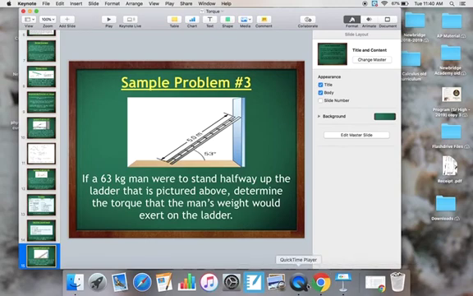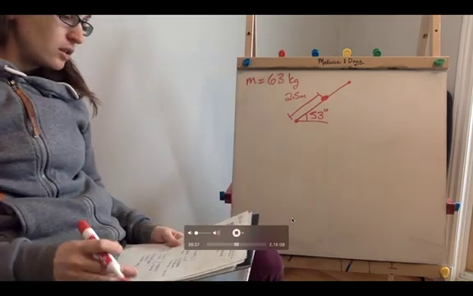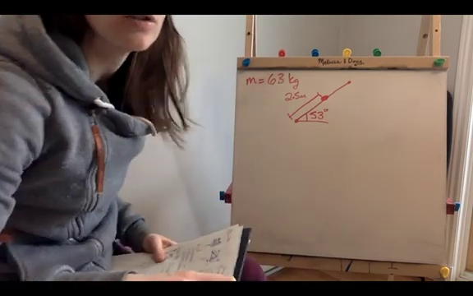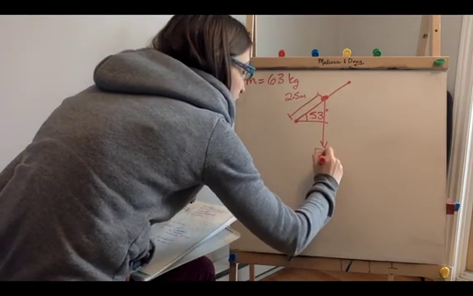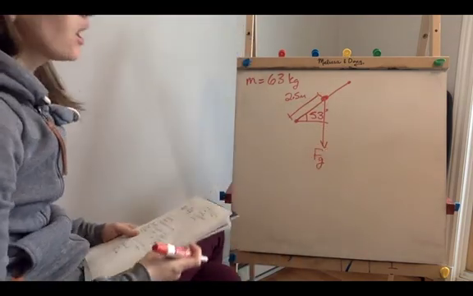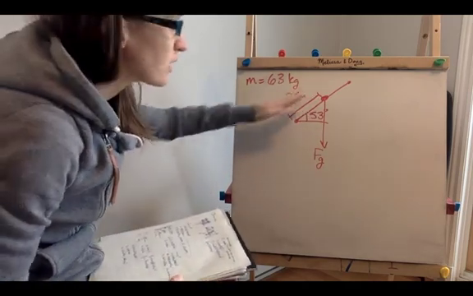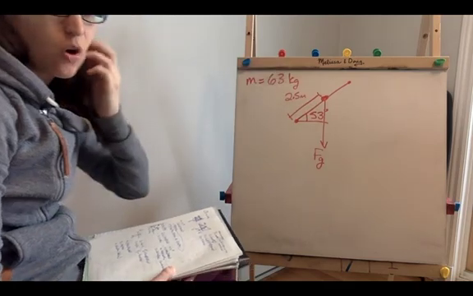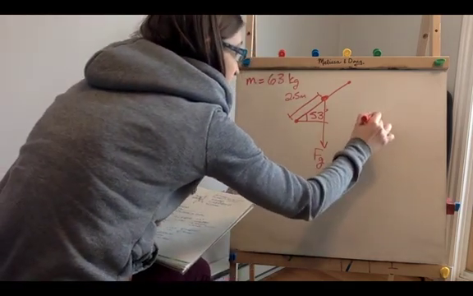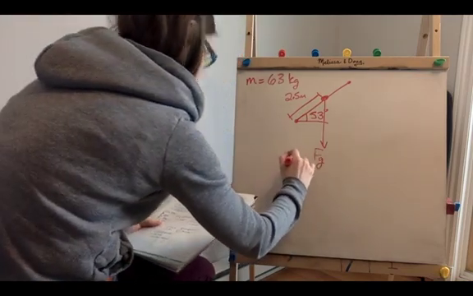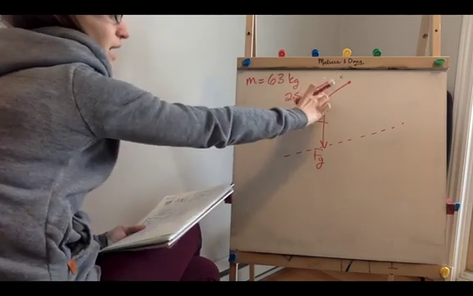All right, so if we're talking about his weight, well, he's going to be pulled down due to gravity, right? So you've got force of gravity applying straight down, okay? But that force of gravity is certainly not acting perpendicular to this ladder here, right? So again, what we need to consider is, if we have this parallel value, and this is the length that we have.